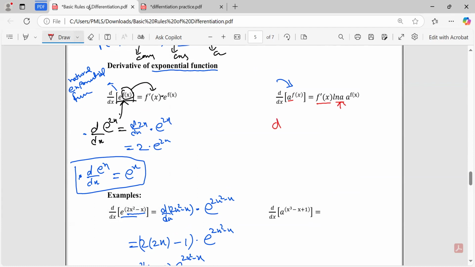For example, if you have the function 2 raised to power x square, by the above rule we need to take the derivative of the power. The derivative of x square is 2x, times ln of a, where a is equal to 2, so ln of 2, times the function as it is, 2 raised to the power x square. So this is the final answer.